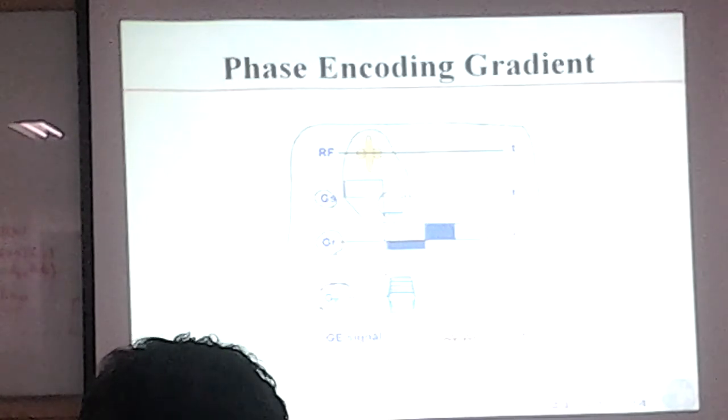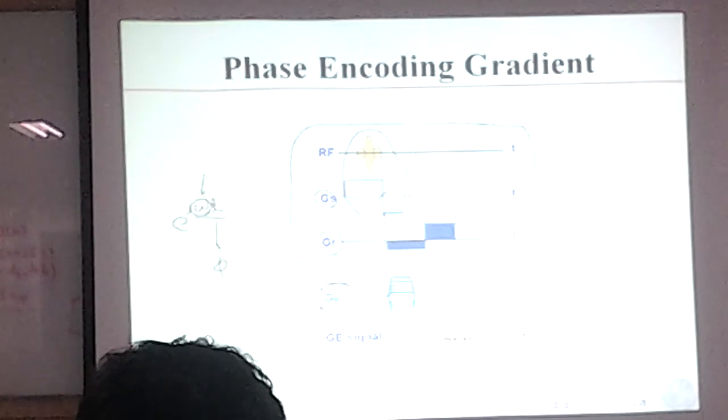Okay, let me see. In the Fourier transform equation, we used j omega t, right? And omega t is phase, right? So using the readout gradient or frequency encoding gradient, spatial information is encoded by the frequency omega.